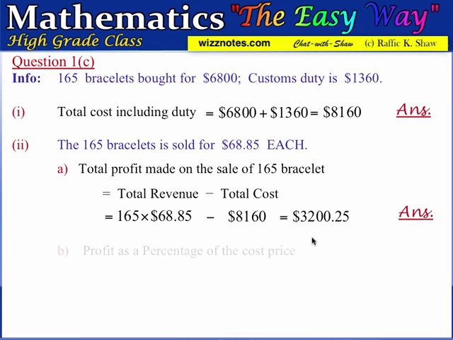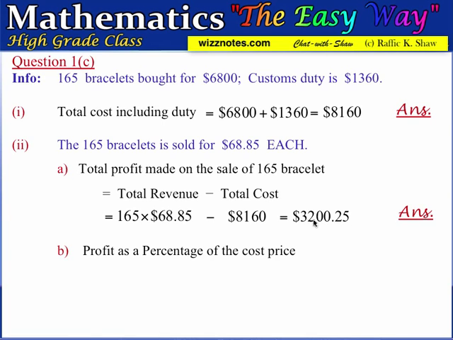Part B now wants us to calculate the profit as a percentage of the cost price. Remember, the total cost for the 165 bracelets was this figure, $8,160 inclusive of the customs duty. Customs duty must be included in the total cost of the purchase of the 165 bracelets.